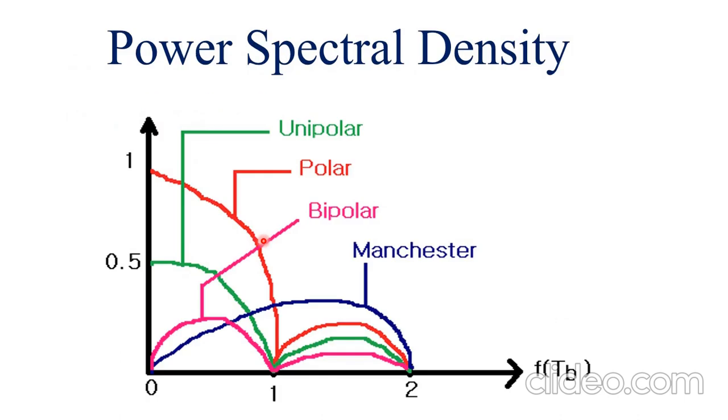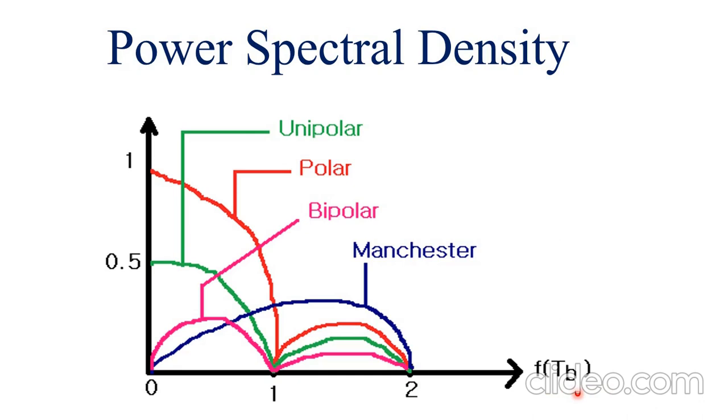If you see the power spectral density of unipolar, that is happening like this. This is frequency with respect to TB, the bit period.